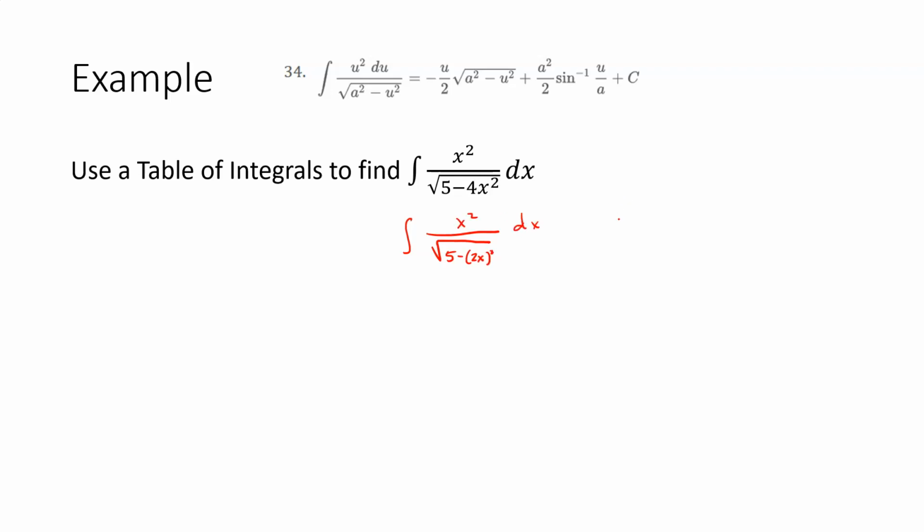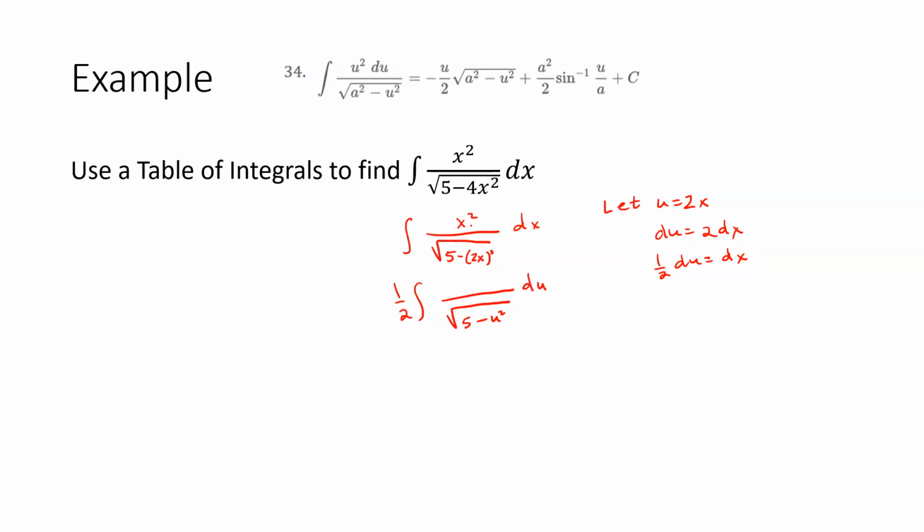So that's the first thing I'm going to do: let u equal 2x. So du is 2 dx. We get 1/2 du equals dx. So now it's in the form 5 minus u squared down there, and 1/2 du goes in for dx.